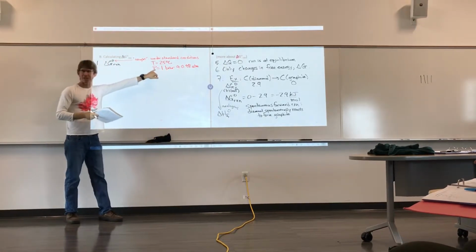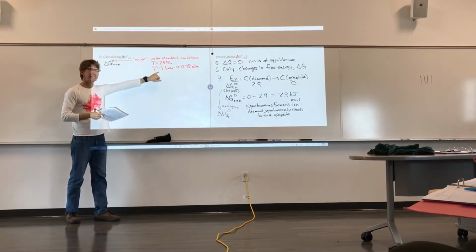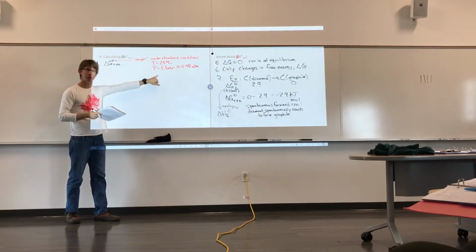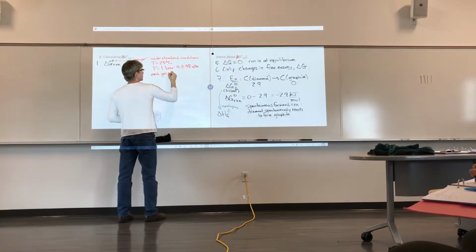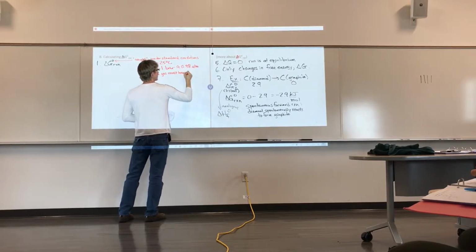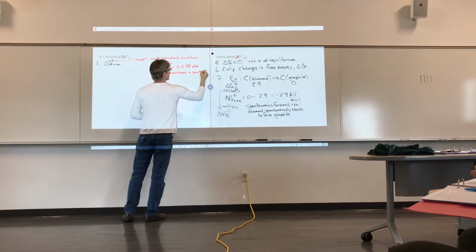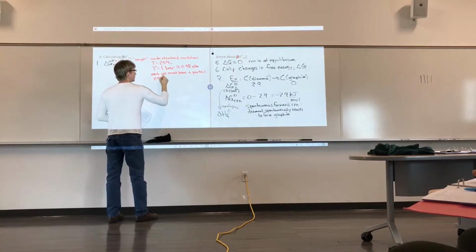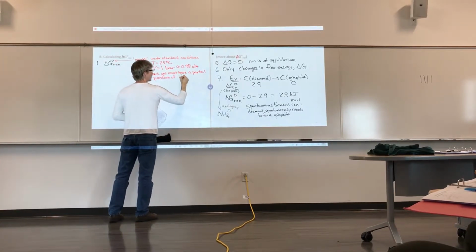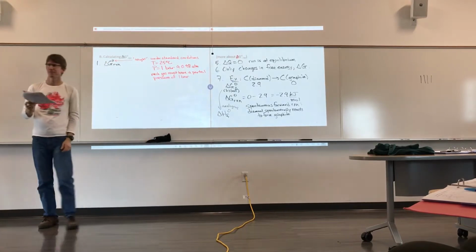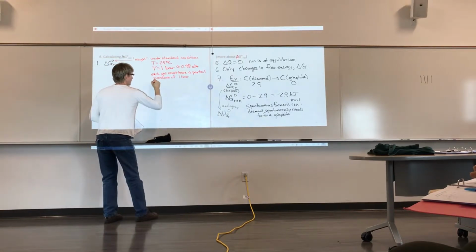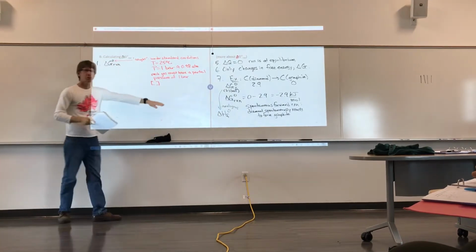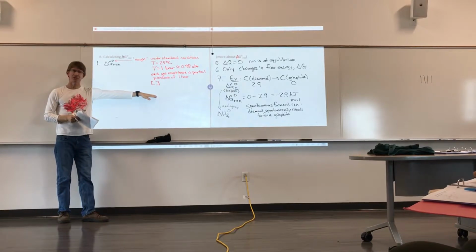And when I say this, that means that to be at standard conditions, each gas must have a partial pressure of 1 bar. Square brackets, of course, mean concentration. Concentration of aqueous species is 1 molarity.